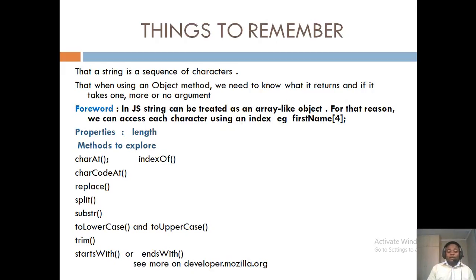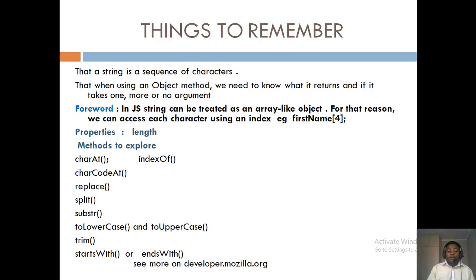Here's one more thing I want to say before we continue. In JavaScript, a string can be treated as an array-like object, and for that reason we can access each character in the string using its position or index.